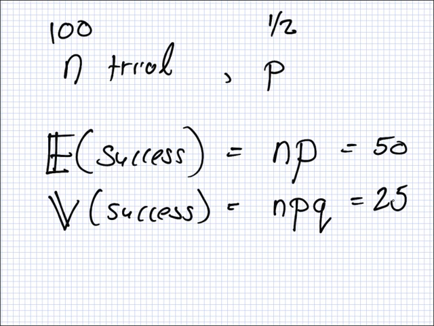What does it mean if the variance is big? It means you get lots of fluctuation when you repeat this situation. If we have a bigger number of trials, we have smaller fluctuation?